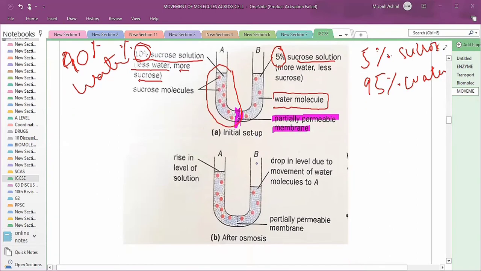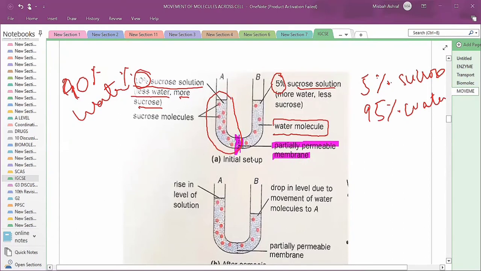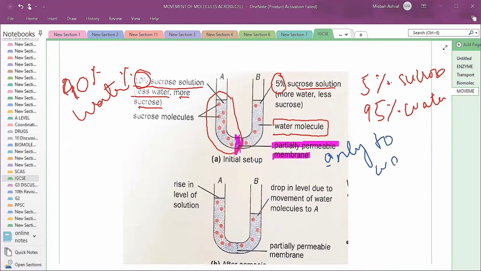As you can see here, partially permeable membrane, drop in the level. Now we have to see that this membrane is permeable only to water. You have to remember this. It means that it will allow only water molecules to pass through it.